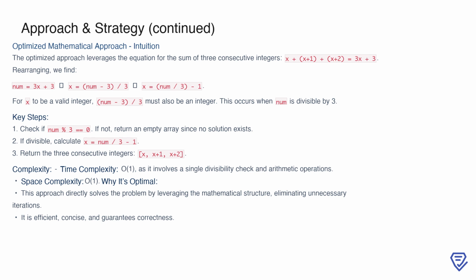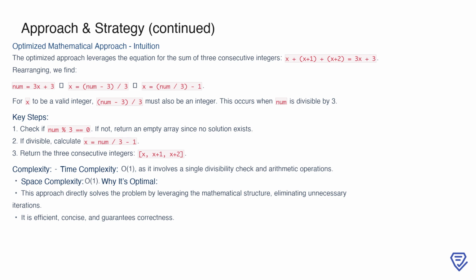This tells us that x is only valid if (number minus 3)/3 results in an integer, which happens when the given number is divisible by 3. From here, the steps are straightforward. First, we check if number % 3 equals 0. If it's not divisible by 3, we can immediately return an empty result, as no solution exists. If it is divisible, we compute x as number/3 minus 1, and return the 3 integers, x, x plus 1, x plus 2.